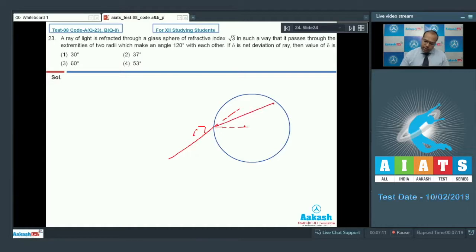So let it move in this way, and this is the angle of refraction. As the ray reaches this point, again I am drawing the normal, then this angle is also R because it is an isosceles triangle, and if it is the angle of incidence at this point, then the angle of refraction at this point is this, which is equal to I.